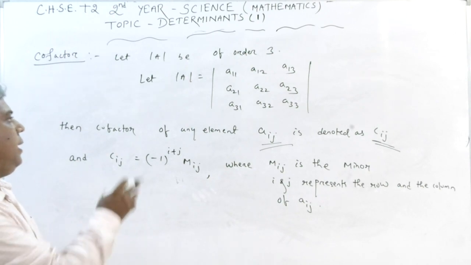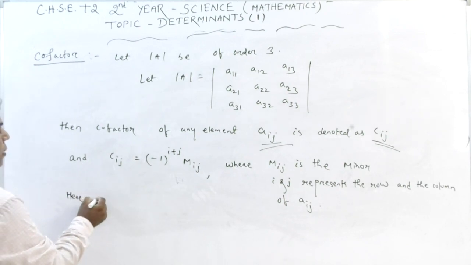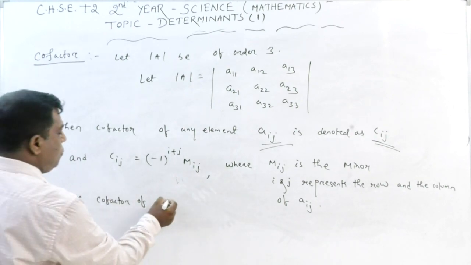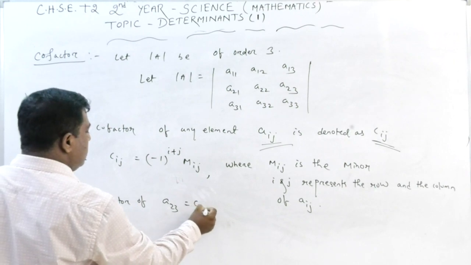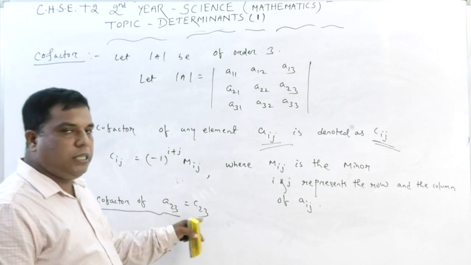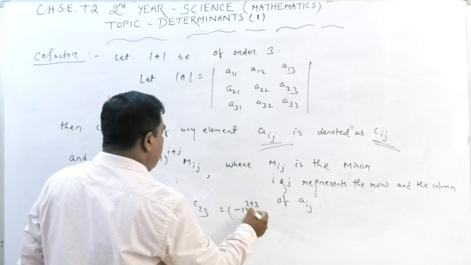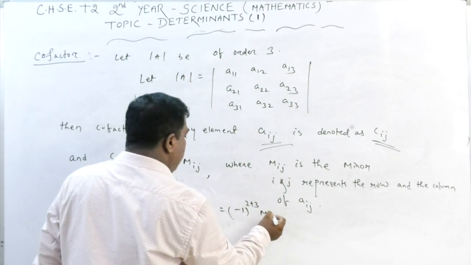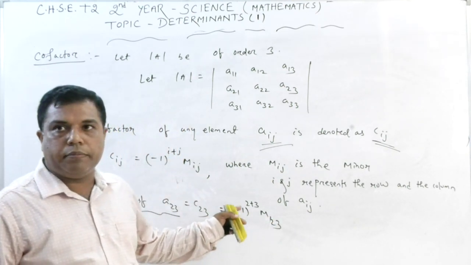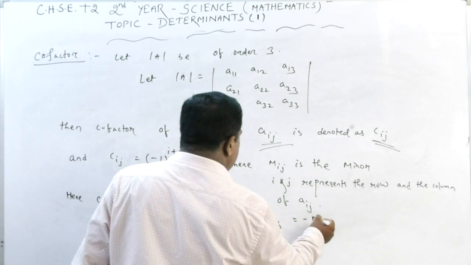For example, the cofactor of A23 is C23, and it is equal to minus 1 to the power 2 plus 3 multiplied with M23. Minus 1 to the power 2 plus 3 into M23 is minus of M23.